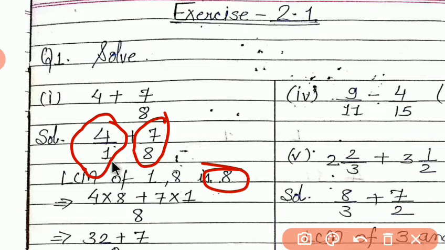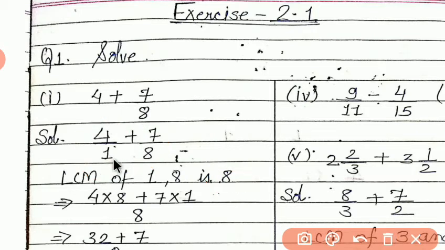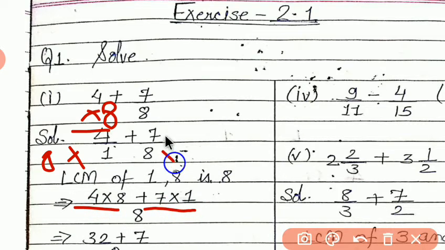Now here we will see by which number we should multiply 1 to get 8. So we multiply by 8. If you multiply the denominator by 8, then we have to multiply the numerator also by 8. So 4 into 8 plus, here 8 is already given, so multiply by 1. Therefore we will also multiply 7 by 1 only.